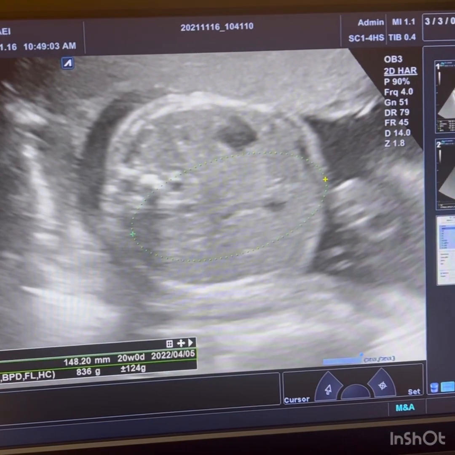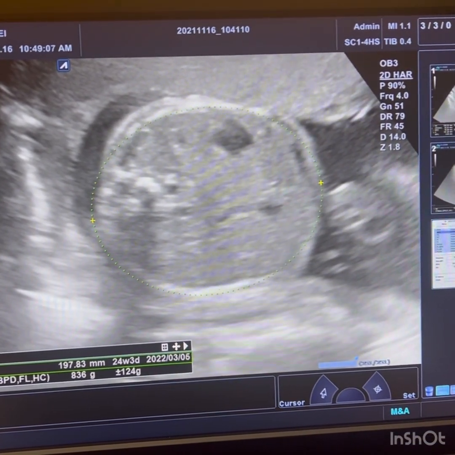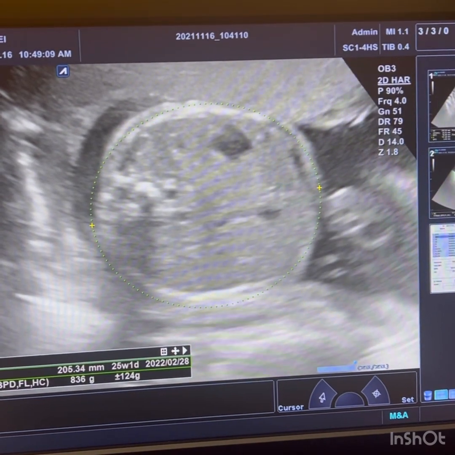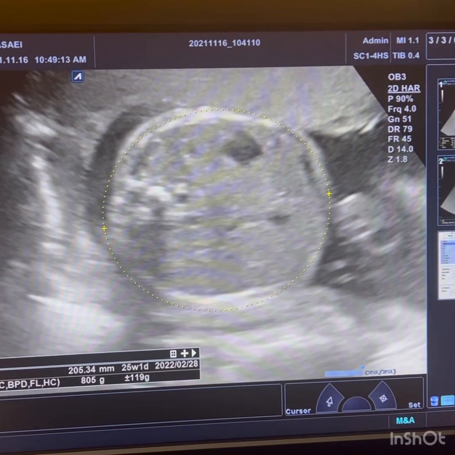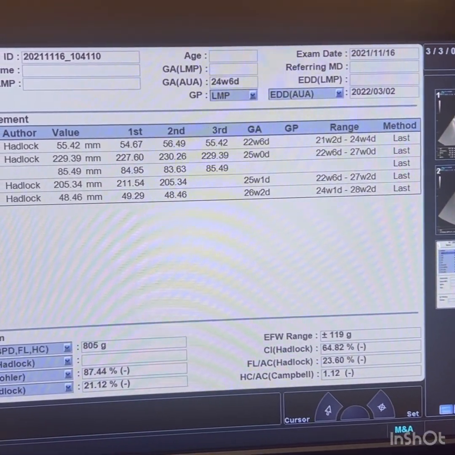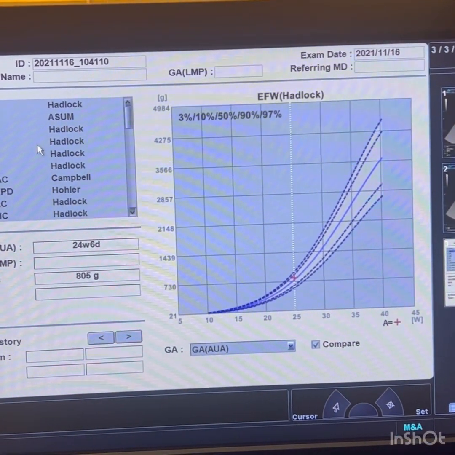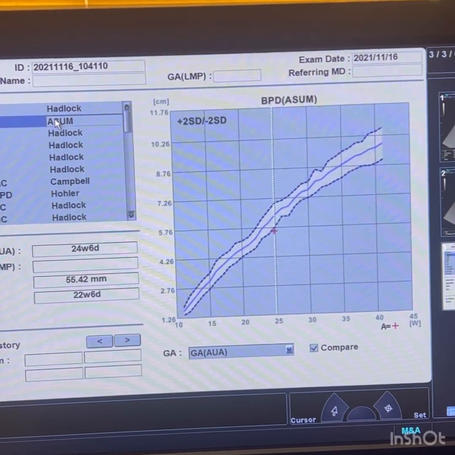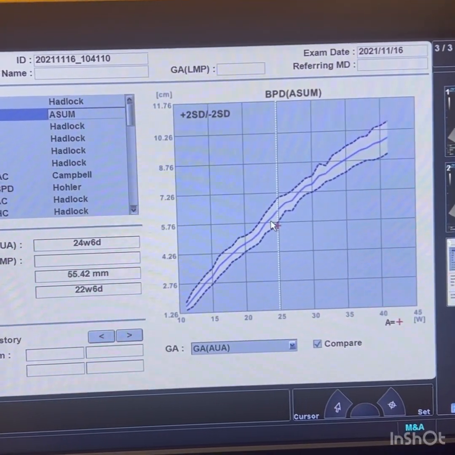The abdominal circumference is about 20 centimeters, compatible with 25 weeks and 1 day. Again, if we review the chart, we can see that a discrepancy is noted between biparietal diameter and other measurements.